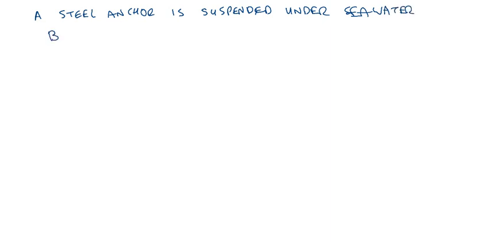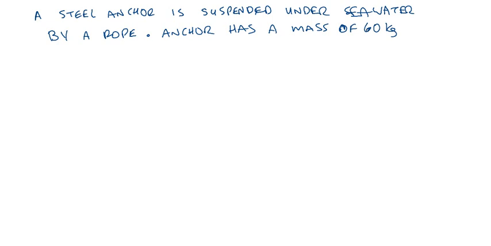By a rope. And let's say that the anchor has a mass of 60 kilograms. Pretty good size anchor. All right. What we would like to do here is to find the tension in the rope.